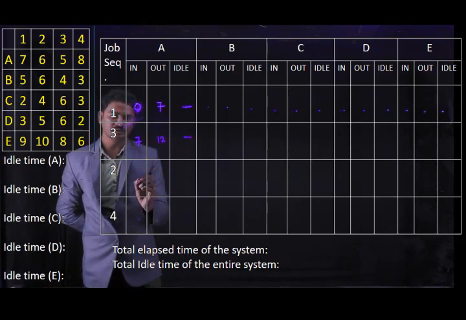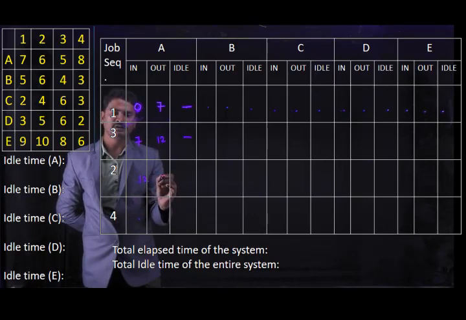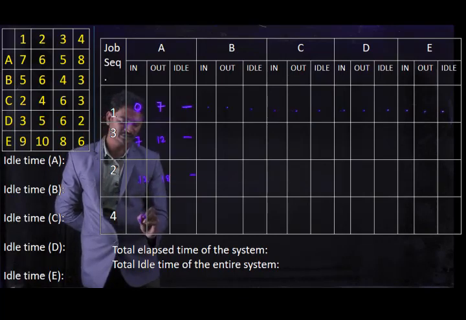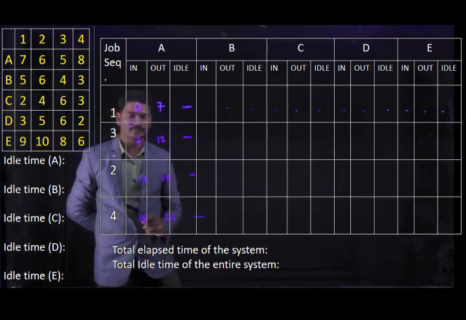Next, coming to the next job, here the in time is 12, and the processing time is 6 hours, so total is 18. Next, the fourth job at A: we start at the 18th hour, and the processing time is 8 hours, so total is 26. There is no idle time. Okay.